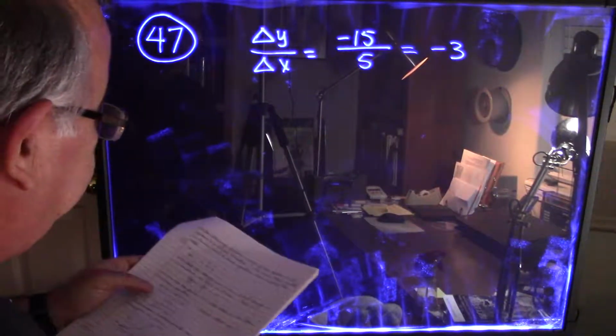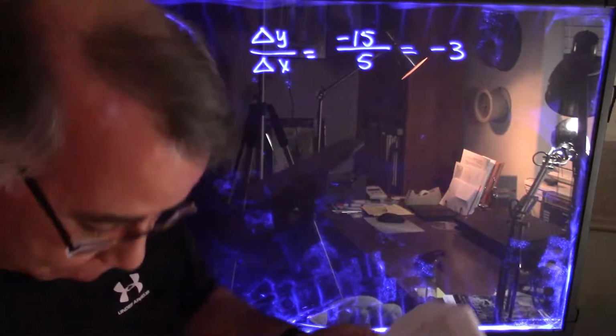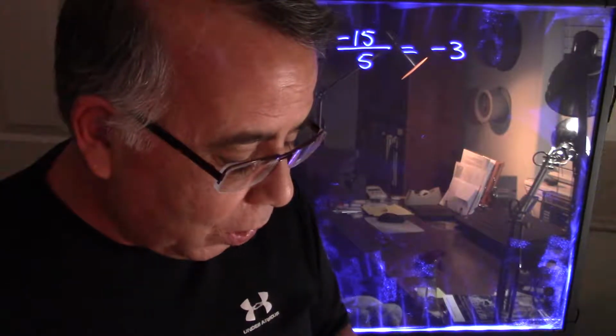Alright, so the slope of this line, it is a line modeling these data points, and its slope is negative 3. Now all we need is one point, and we can use the point slope equation to get the equation of this line.